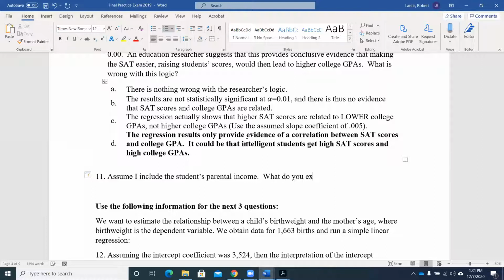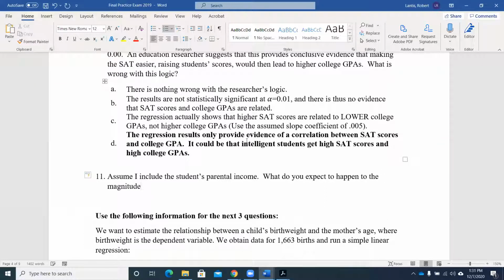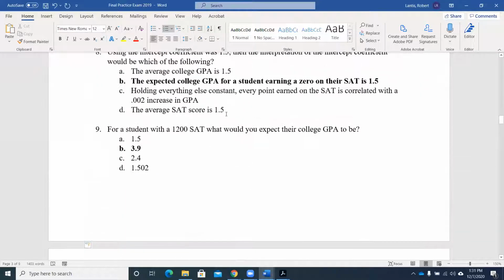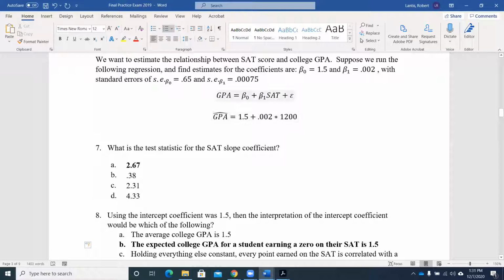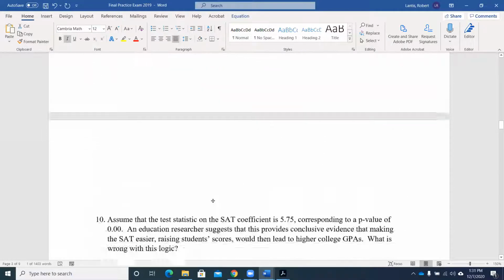What do you expect to happen to the magnitude or the size of beta 1? We'll copy and paste it up here, so we'll copy this down here so we have the question.